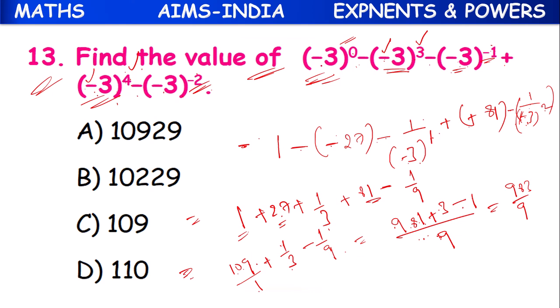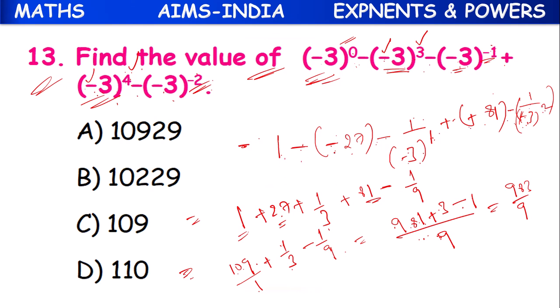Let's check once again. (Minus 3) whole power 0 is 1. (Minus 3) whole cube is minus 27. (Minus 3) whole power minus 1 equals 1 by (minus 3) whole power 1. Plus (minus 3) whole power 4 equals plus 81. (Minus 3) whole square equals 1 by (minus 3) square. Correct only.